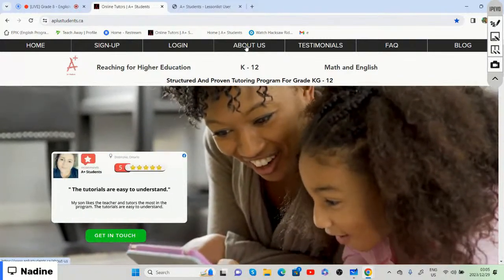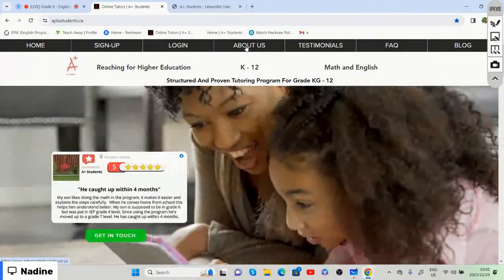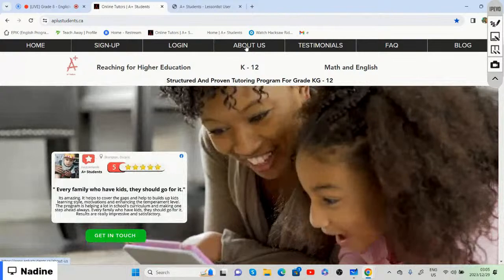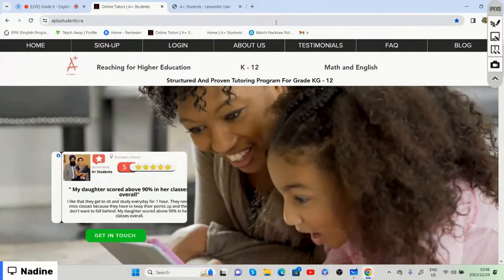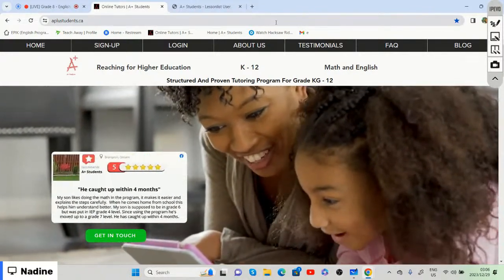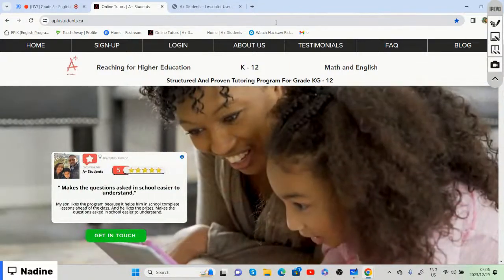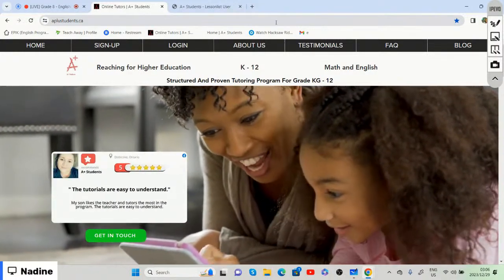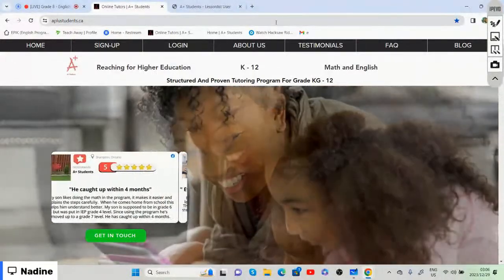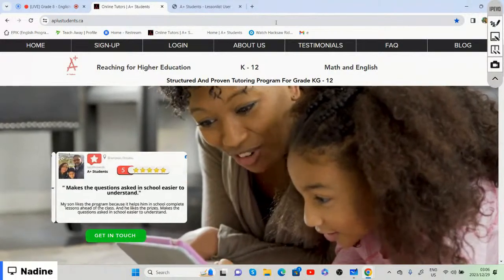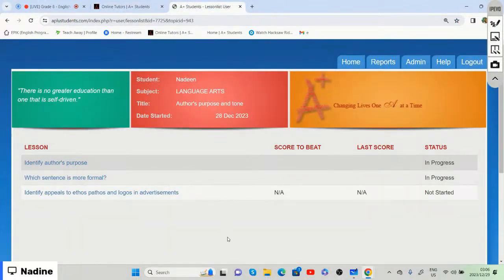Once we've logged on with our username as well as our password, we're going to select the subject of language arts, grade 8, then scroll down until we get to the chapter of author's purpose and tone.